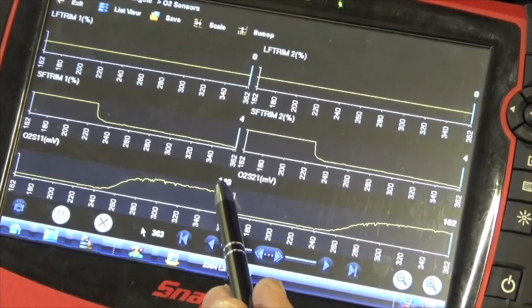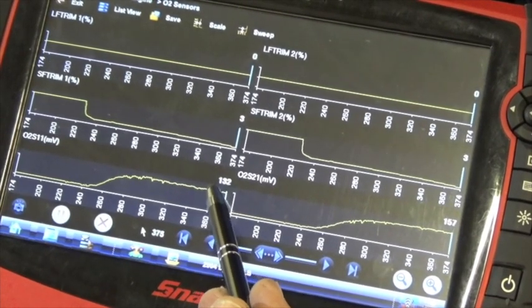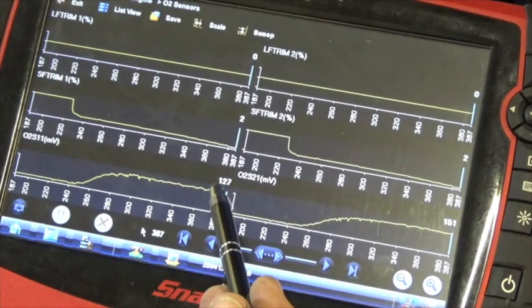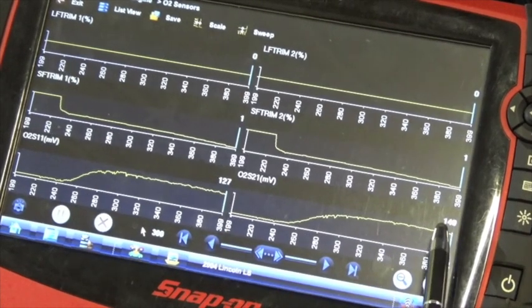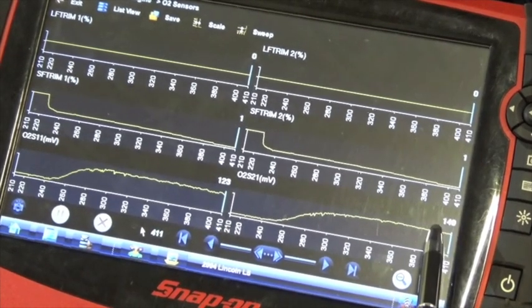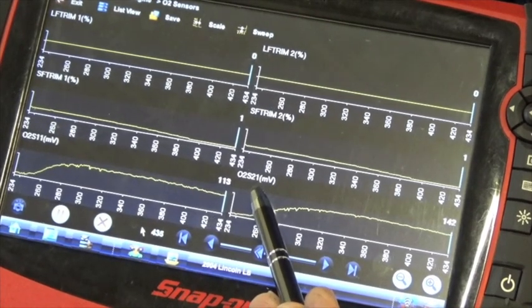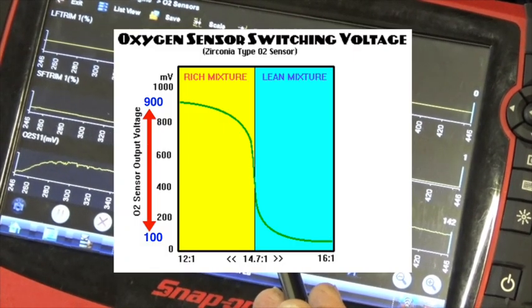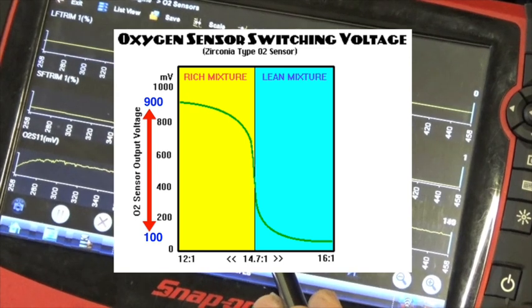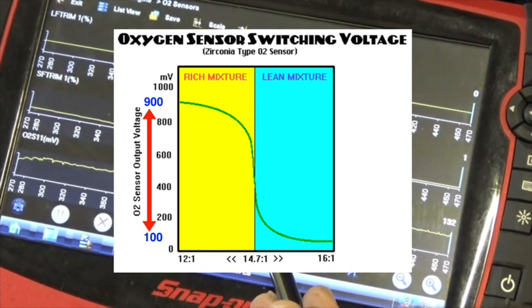Now if you notice these numbers here, oxygen sensor bank 1 is around 130, bank 2 is about 150. Now this is in millivolts. An oxygen sensor should be switching somewhere close to 100 millivolts going up to about 900 millivolts.